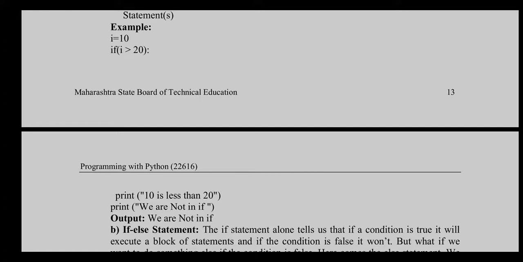When you execute this, our i value is 10, so definitely this condition is false, so it directly prints we are not in if. But if i's value is 40 and you execute this condition, then it is definitely going to print 10 is less than 20, or whatever statement you have specified in the print statement, it is going to be printed.